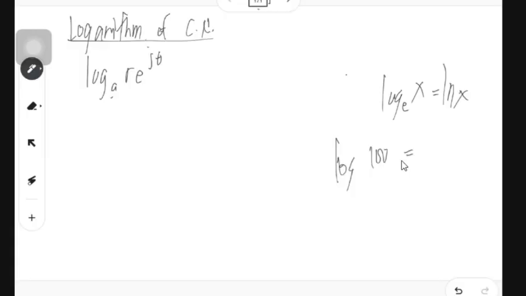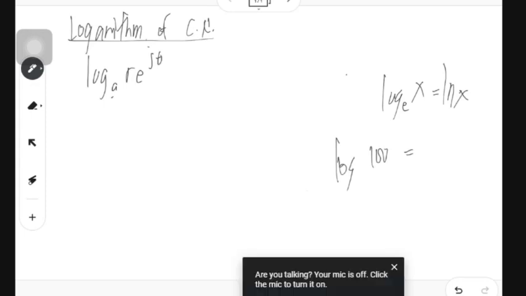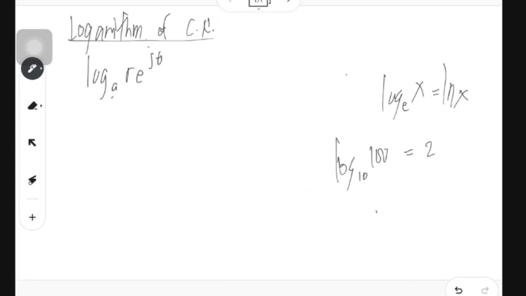No base is indicated. If you use your calculator, the answer is 2. That means the base is understood to be 10, and 10 to the 2 is equal to 100. So the logarithm of 100 asks: what must be the exponent of 10 in order to give 100? The answer is 2.